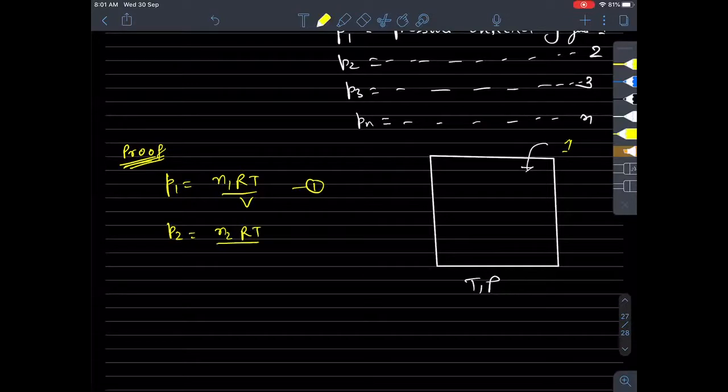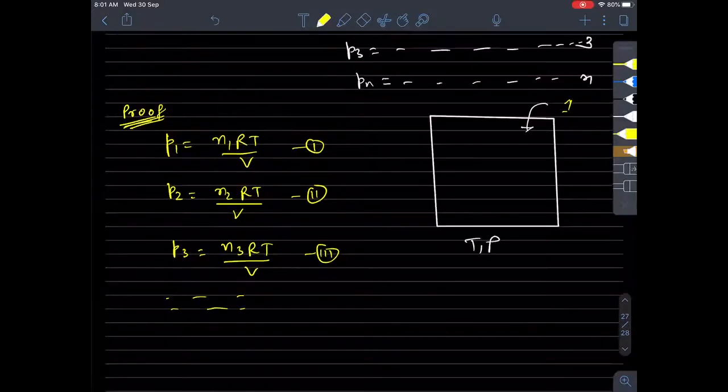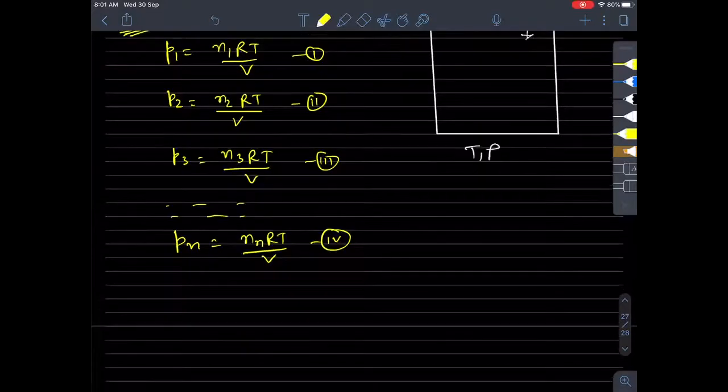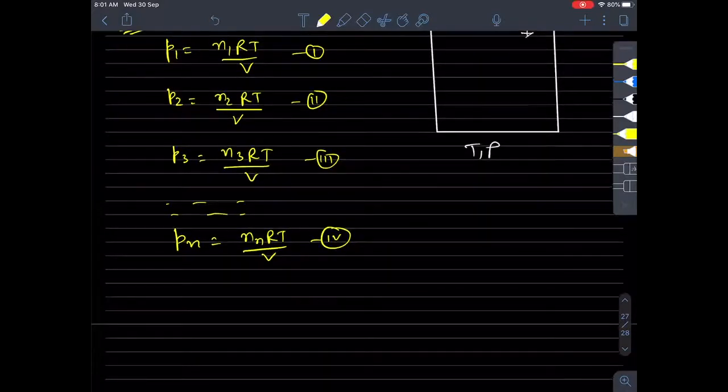P2 will be what? n2RT by V. P3 will be what? n3RT by V. And similarly, dot dot dot. Pn due to the nth gas will be, with number of moles nn, nnRT by V.